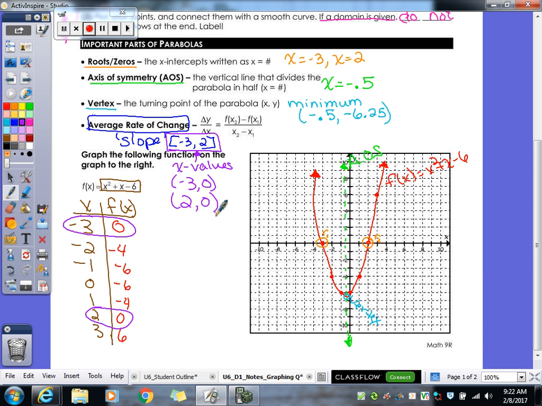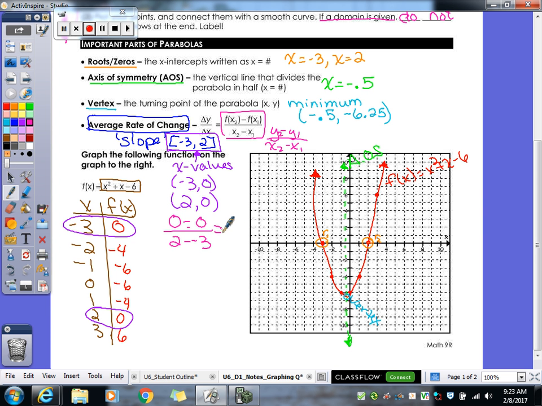And now this formula looks kind of confusing, but if I replace those f's with y's, what formula is it? It's your slope formula. That's all it is. Average rate of change is just your slope. So once I take my 2 points, I'm going to do y minus y over x minus x.